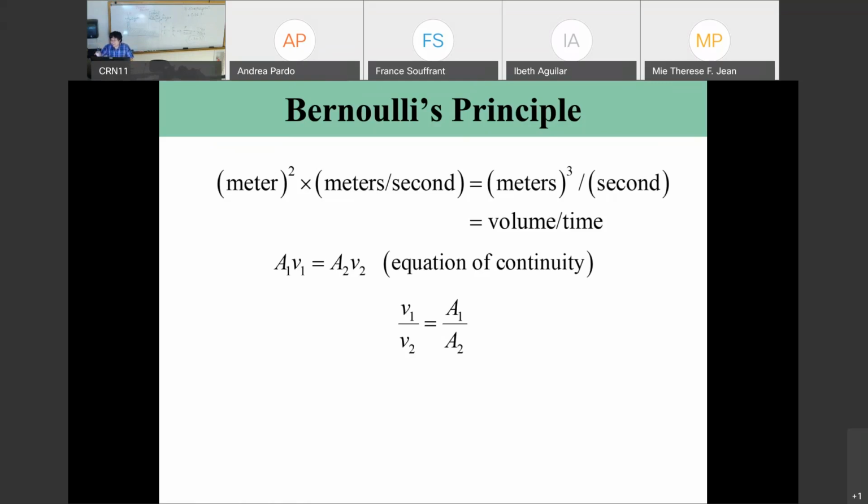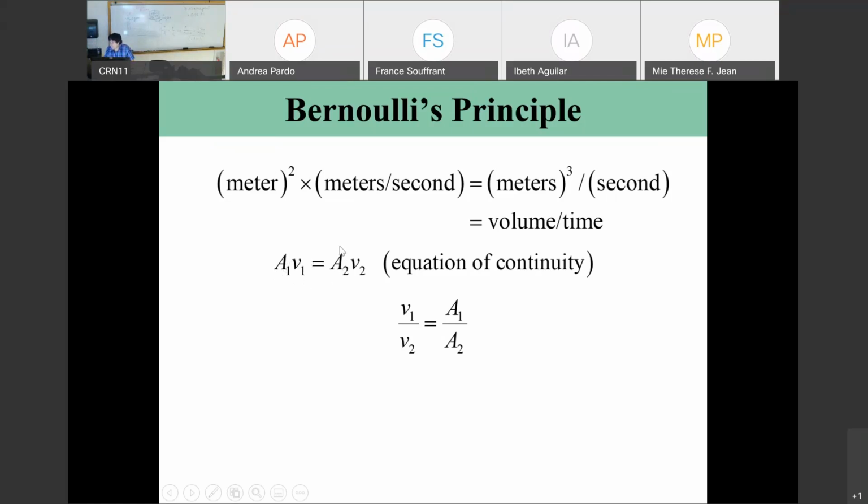You know why? The explanation is in front of you right now. When you're on the street, the area of the street normally is large. There's a road and houses. But when you enter an alley, the area shrinks. So let's take a look at the equation here. When the area is bigger, the velocity is lower.